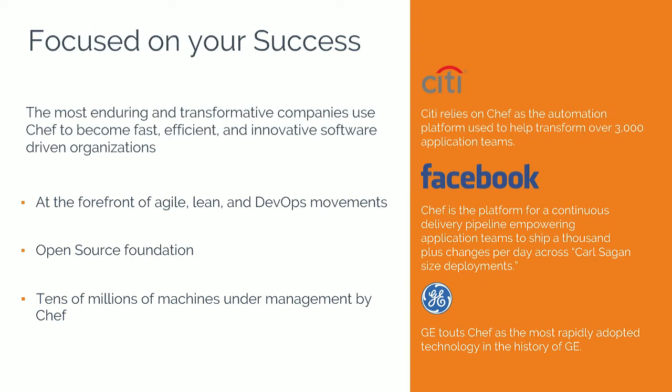As you can see, we have some huge name customers, including Facebook, GE, and Citi, that use us on a daily basis to create repeatable infrastructures that makes life significantly better for them.